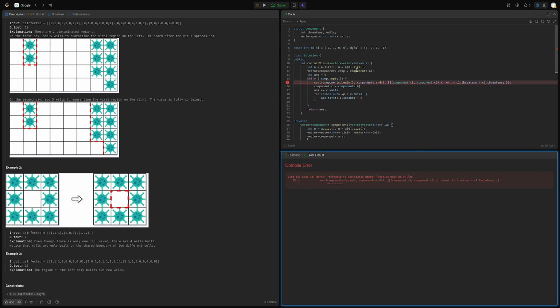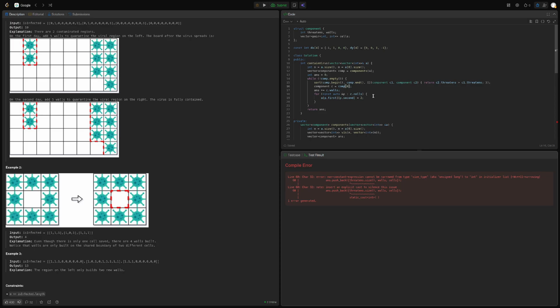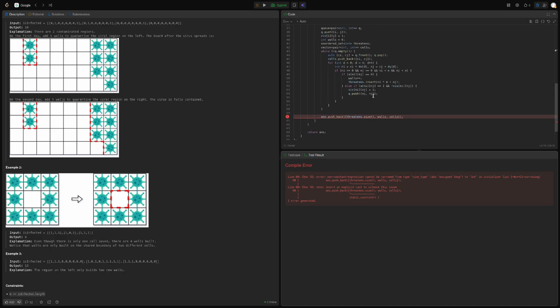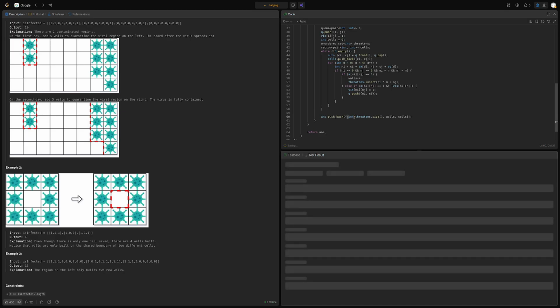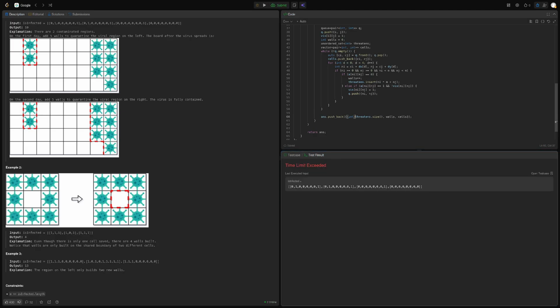Let's run it. Components, big comp. Boom. What? Cannot be narrowed from size type to int. Oh my god, bro, hell nah. Okay, there is some infinite looping.